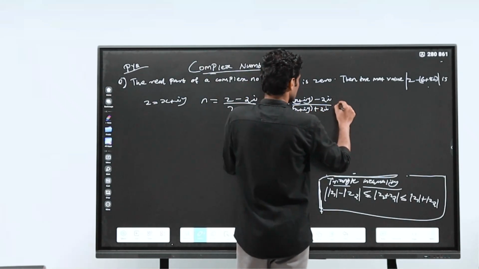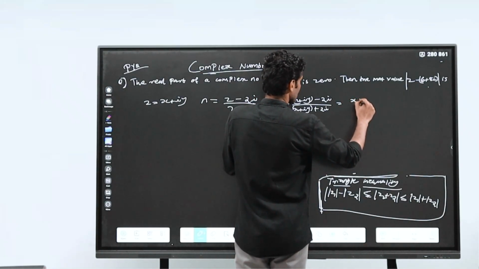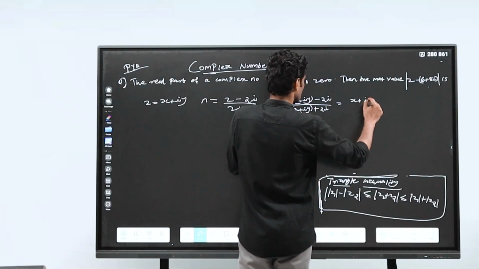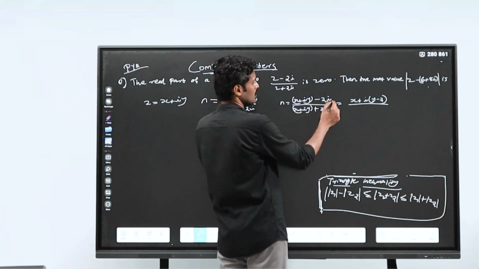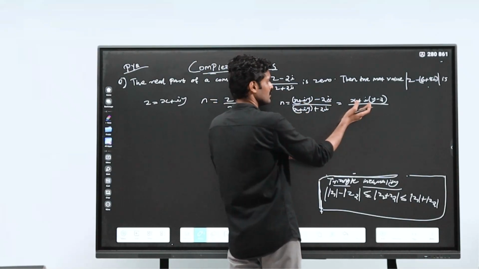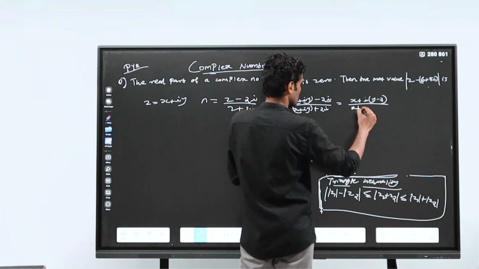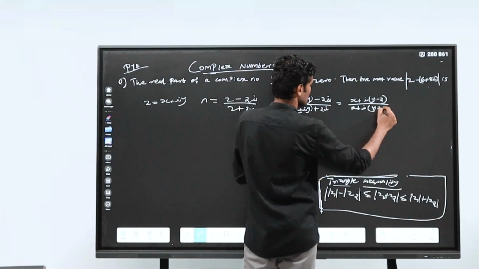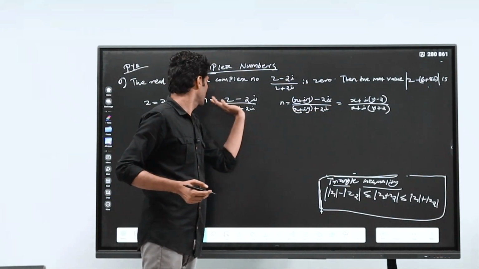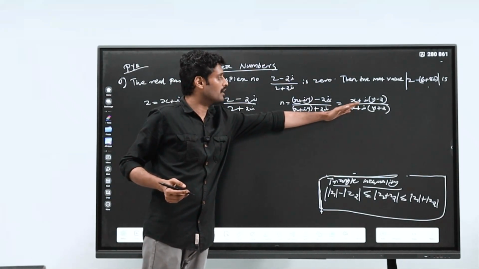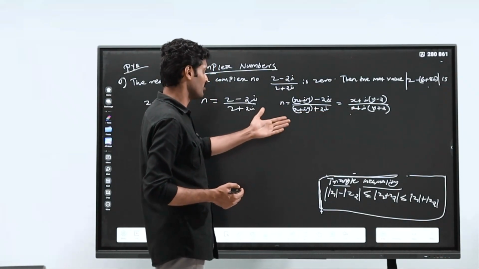We can rewrite it as x + i(y − 2), taking the common factor i, over x + i(y + 2). So n = (x + i(y − 2))/(x + i(y + 2)). Then we can standardize.